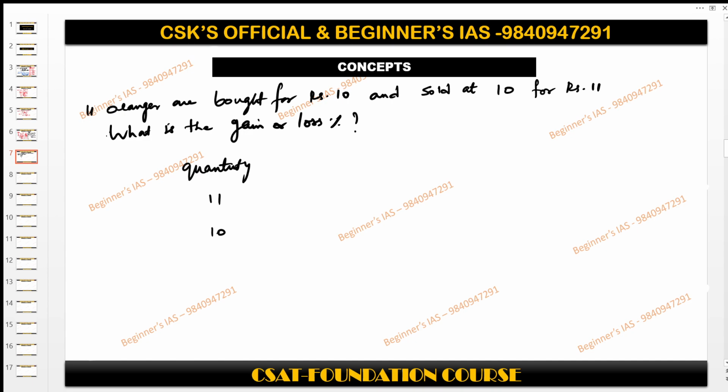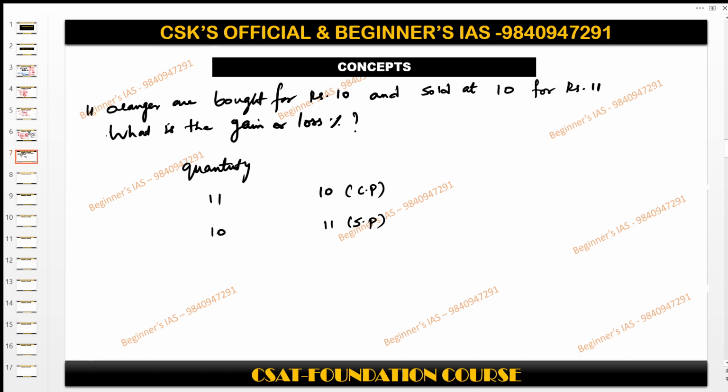When you are doing the purchasing activity, this is the cost price, right? When you are selling, this is the selling price. Now what is the first step I have provided? Convert into the same quantity.